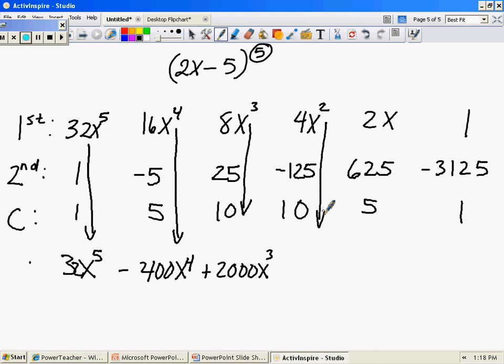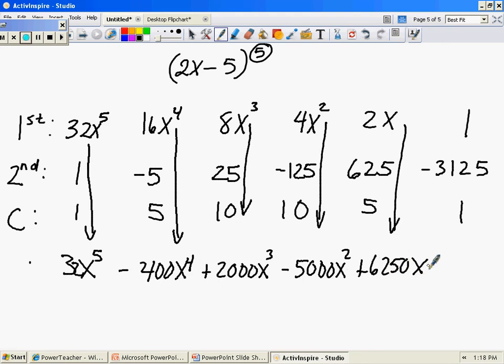Next one. It's negative 5000x squared. Next one. 6250x.